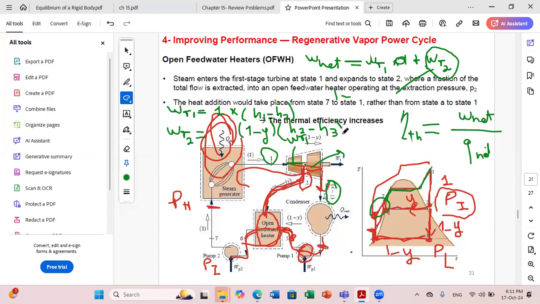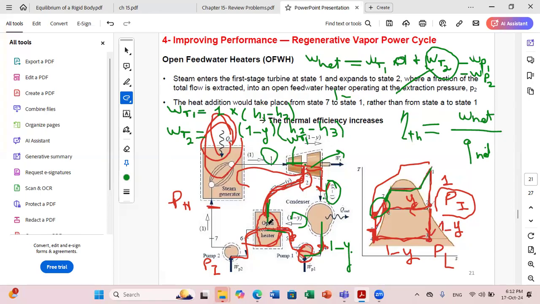Now, what do I have here? I have 2 pumps. So I should subtract small w pump 1 and small w pump 2. Okay, and here also I should pay attention to the fraction. In pump 1, what is the circulating fraction? It's 1 minus Y, okay? While pump 2 is after the open feed water heater where the 2 flows will mix together.